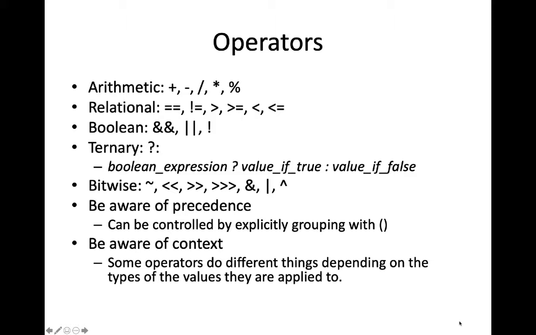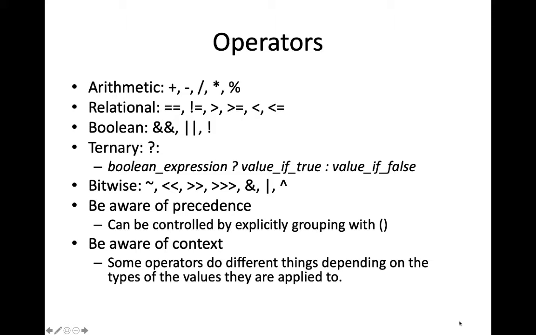And then this question mark. And then we provide a value for what we want if it's true, and then a colon, and the value we want if it's false, right? And so that whole thing will turn into one of those two values depending on the trueness or falseness of that Boolean expression. So with that, we don't have to have a local variable and an if statement and all that business.